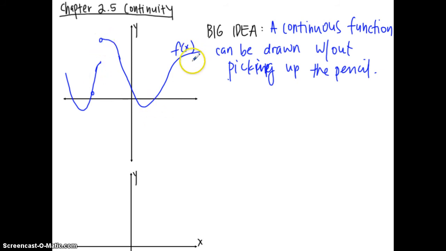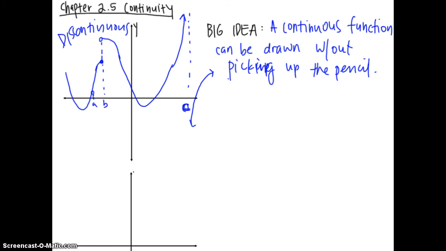Or maybe there's a vertical asymptote. That would also be another discontinuity. So this function right here would be considered discontinuous.